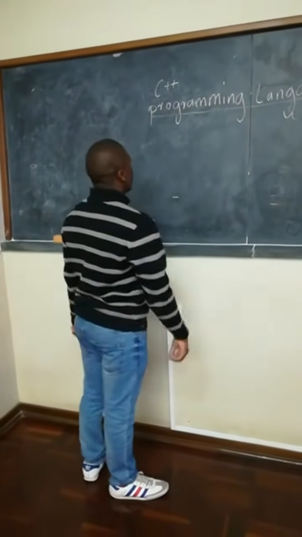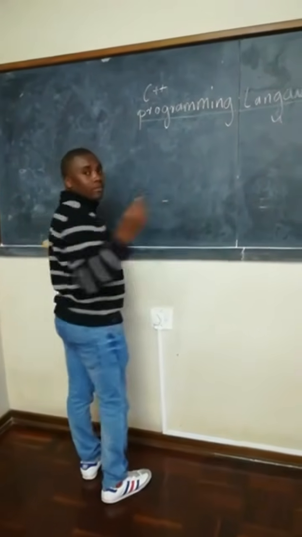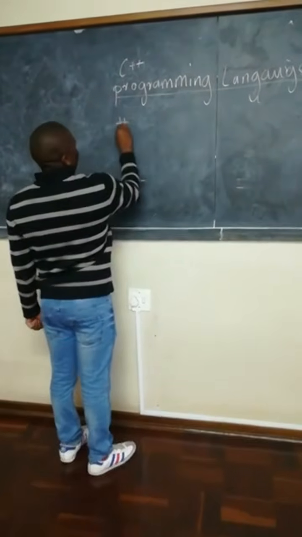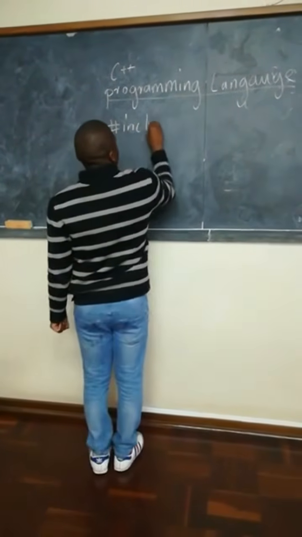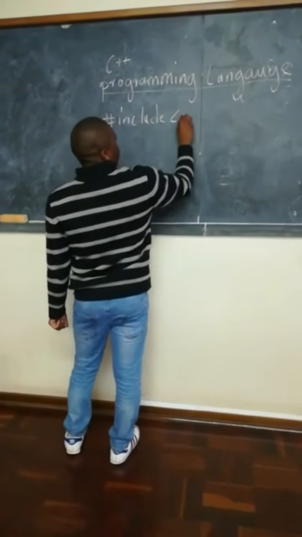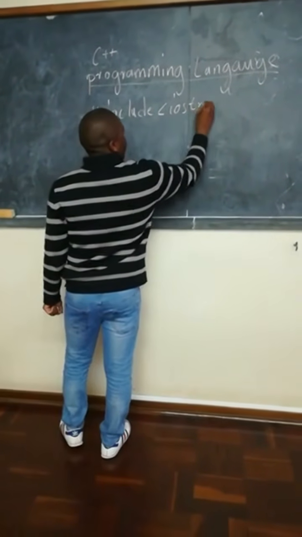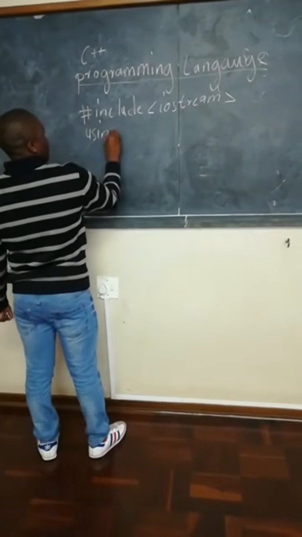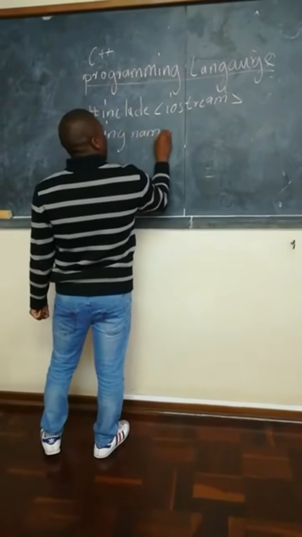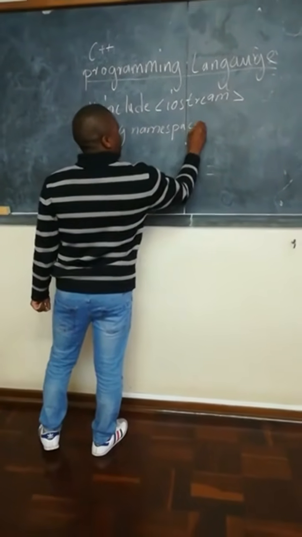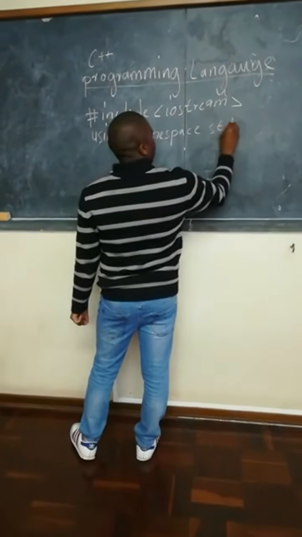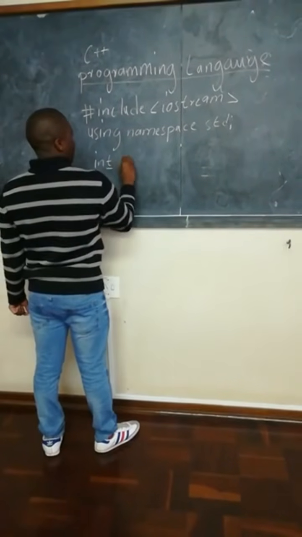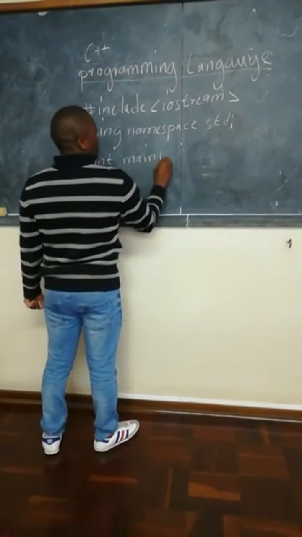In C++, when you're writing your program, you start with hash include iostream, and then after that using namespace std, and then you have int main.